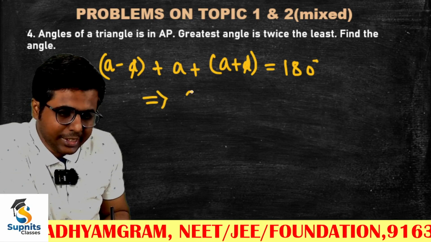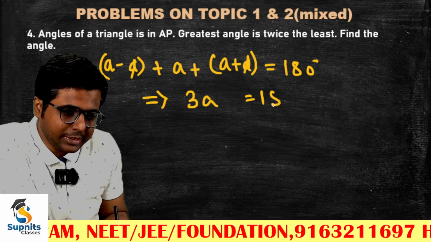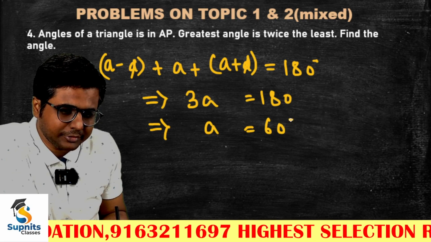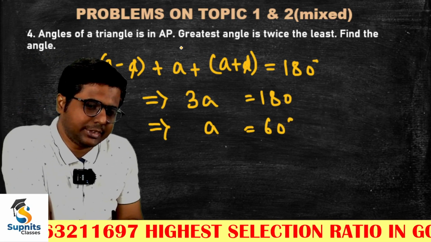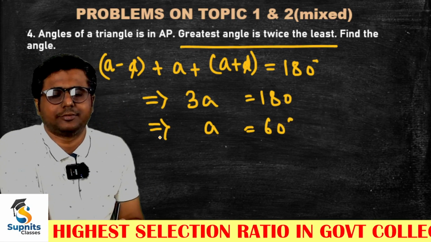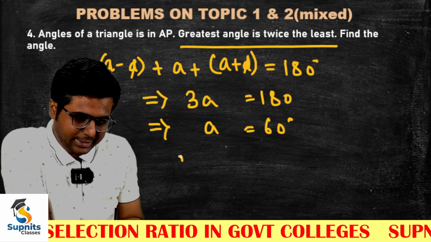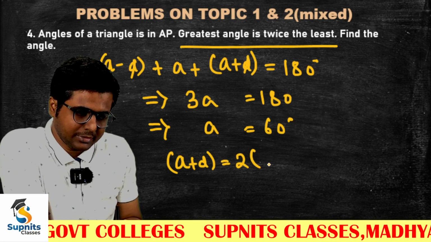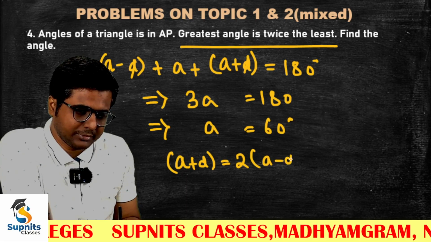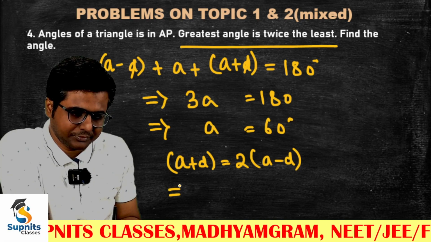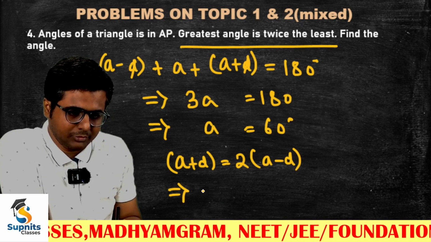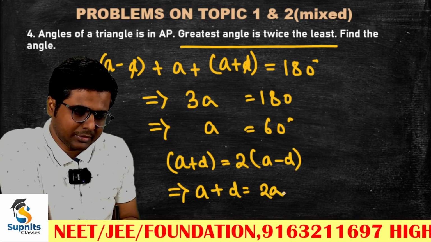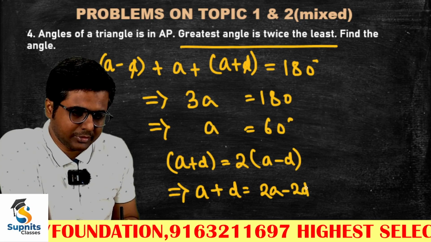So 3A is 180, A is 60 degrees. So one part is solved. Next it is said the greatest angle is twice the least. So what is the greatest angle? A plus D equals twice A minus D. So here you can see what we get is A plus D equals 2A minus 2D.